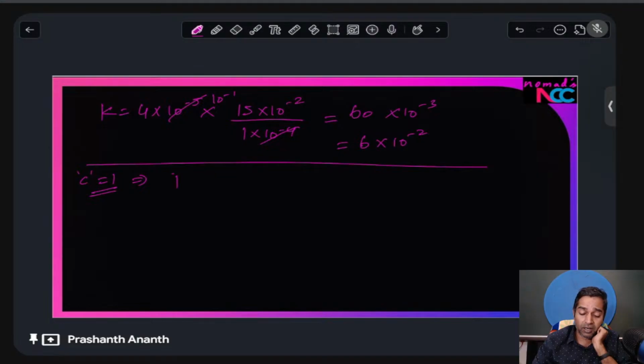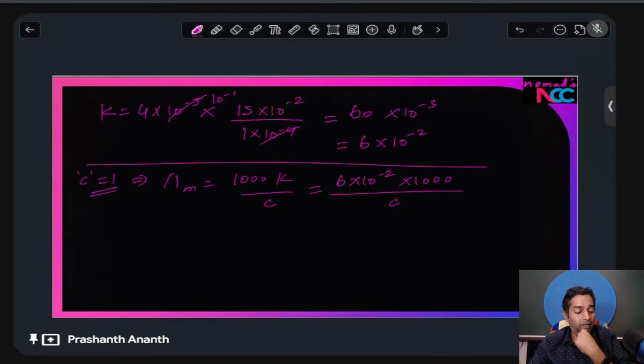So molar conductivity can be directly written as 1000 times kappa by C, which works out as 6 into 10 power minus 2 into 1000 divided by C.